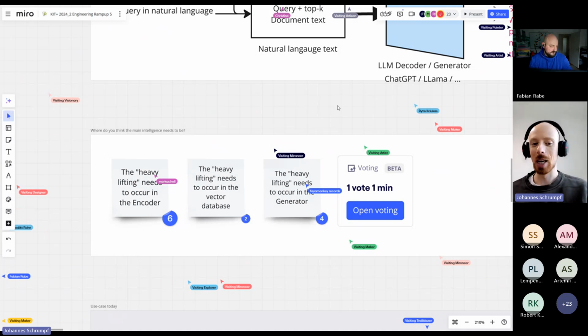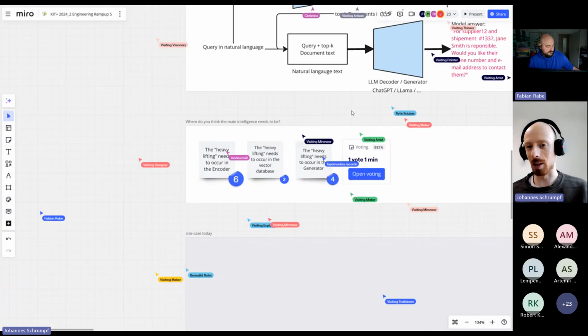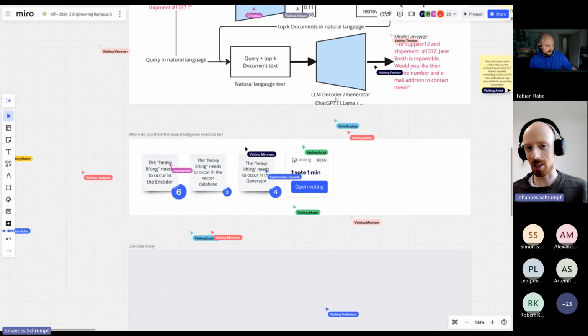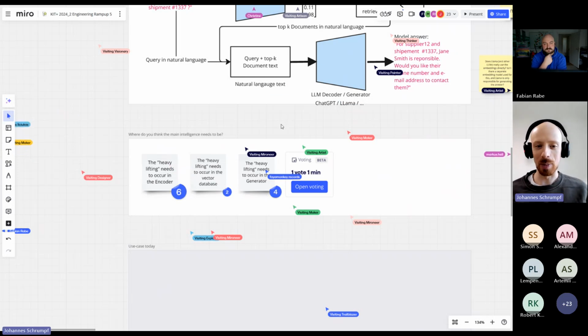But of course, the answer is not that straightforward, because your decoder or generator also needs to learn what kind of things it needs to look out for given a certain query. Therefore, there are multiple points where you could tweak your retrieval augmented generation system performance.